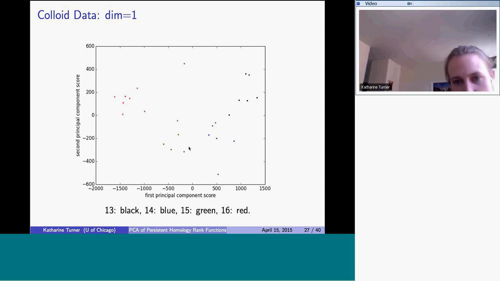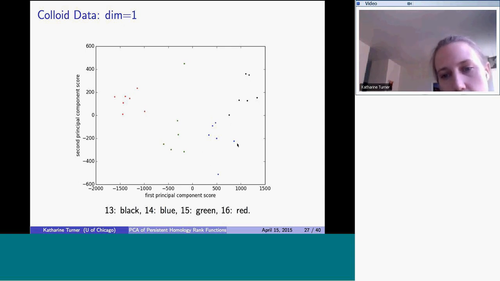Now, just look at the scores. The x-axis is the first principal component, and the y-axis is the second. It's worth noting that the scales are very different, so this is really a squished version; you should probably squish the y direction a bit in your head. The top one is not actually that far from the other. I color-coded these depending upon which of the four temperatures it is.